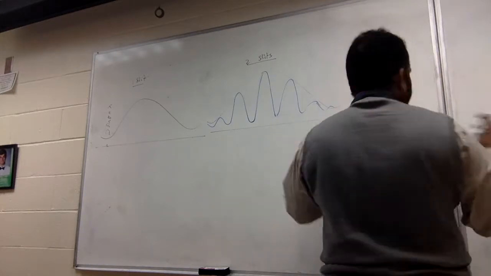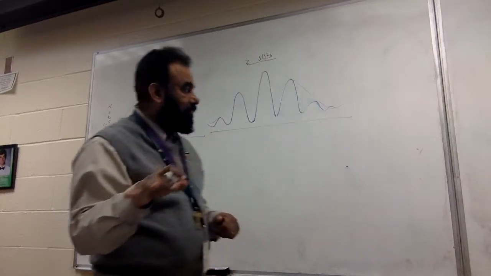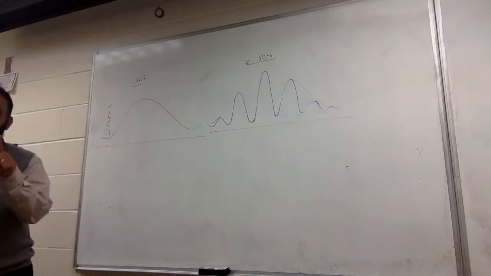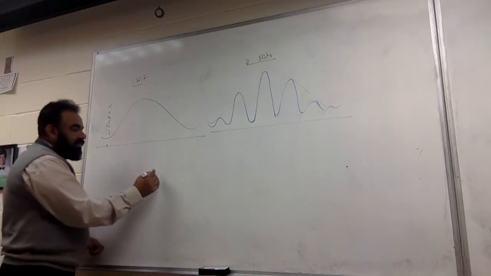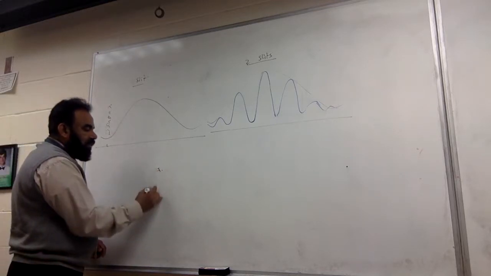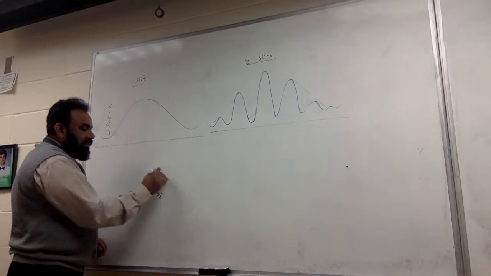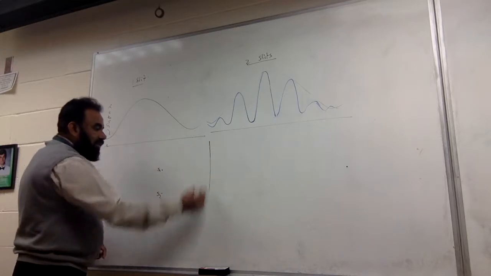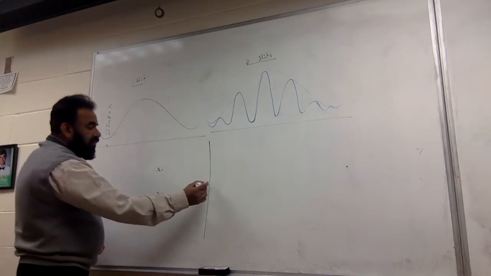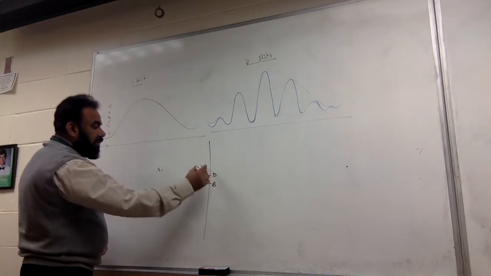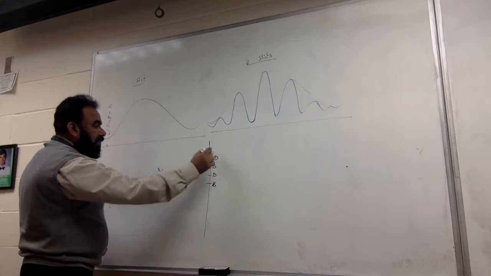Okay, I did interference in detail. What is interference? When you have two sources next to each other, a source S1 and a source S2, the light coming from these two sources will interfere on the screen in such a way that it will form bright, dark, bright, dark, bright.